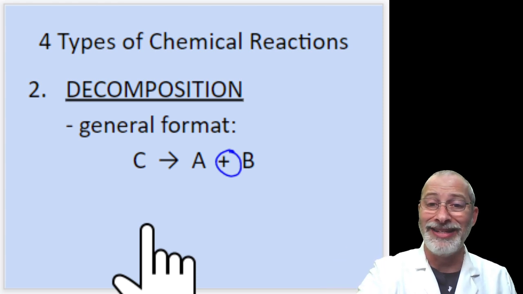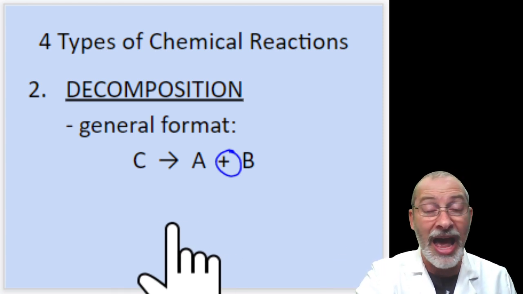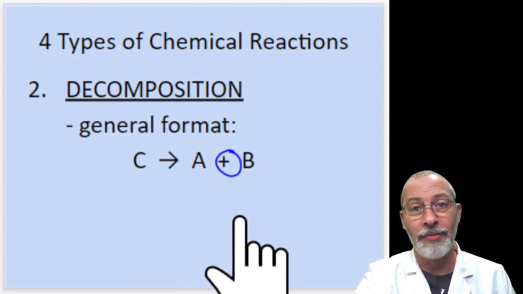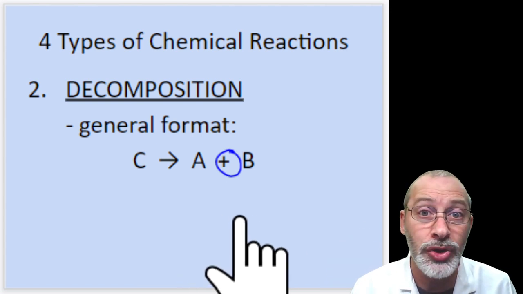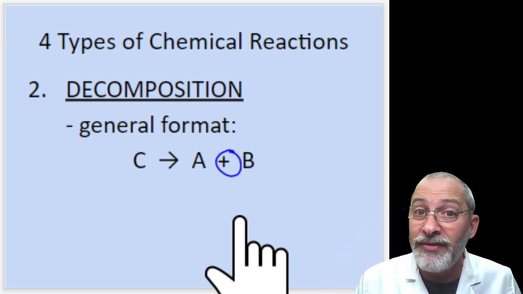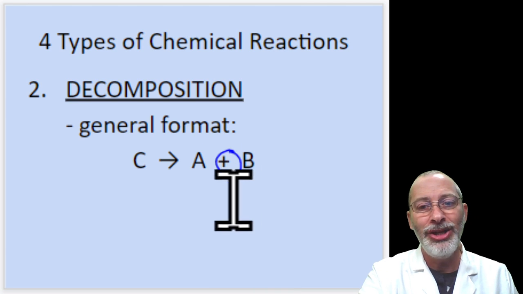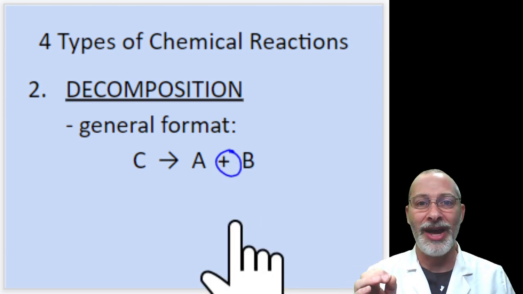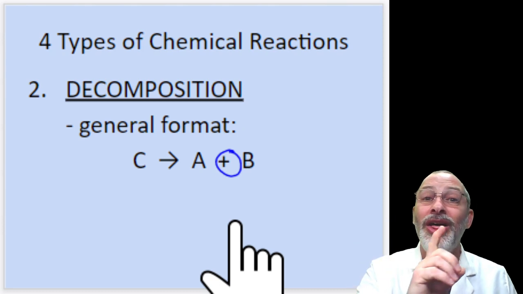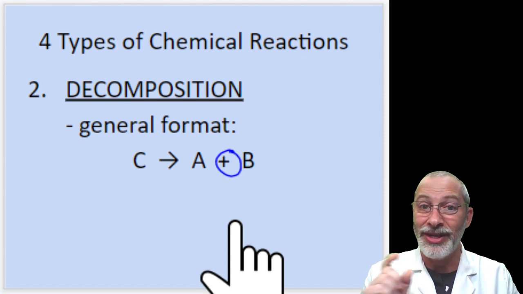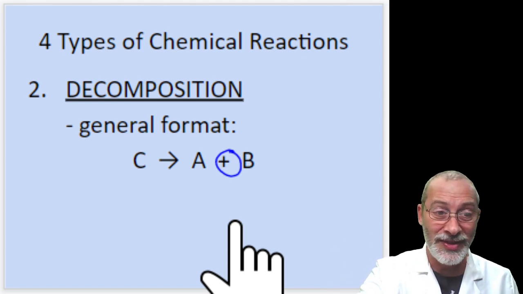And this reactant is yielding, arrow symbol, two or more simpler substances. Well, how do you know if there's two or more simpler substances in the product side of the equation? Again, you look for that plus sign, that addition sign on the product side of the reaction. It is the opposite of synthesis.